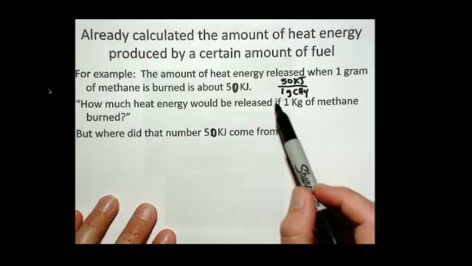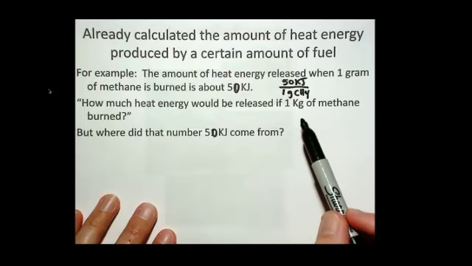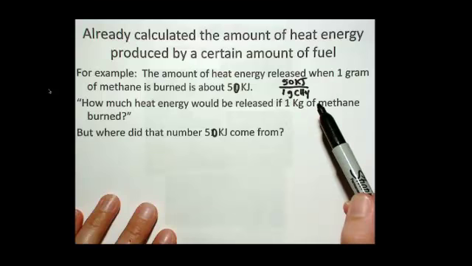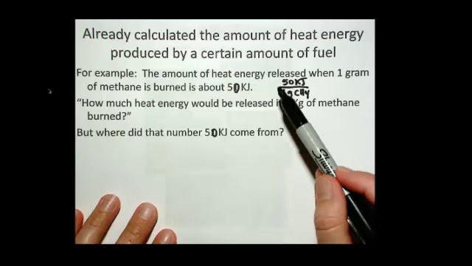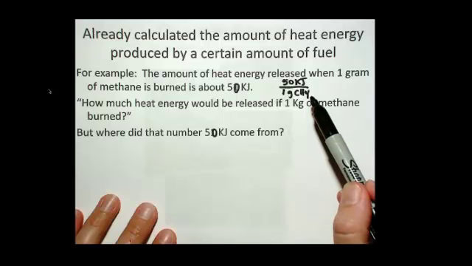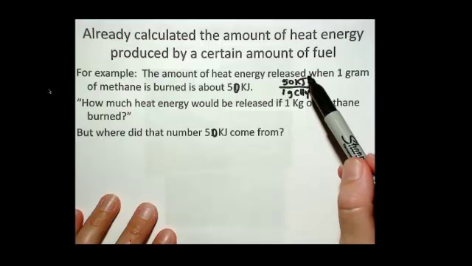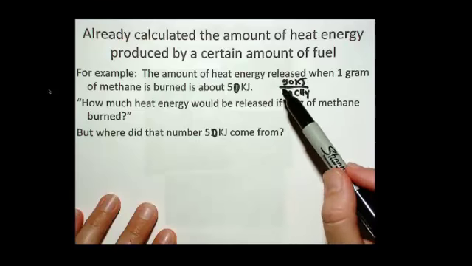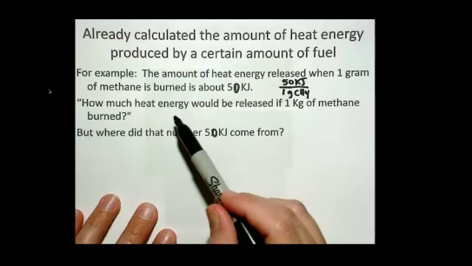All right, so because we have these types of relationships, this would be considered a thermochemical quantity: when I have a chemical change with methane, the kind of chemical change we call combustion, we're going to give off 50 kilojoules.